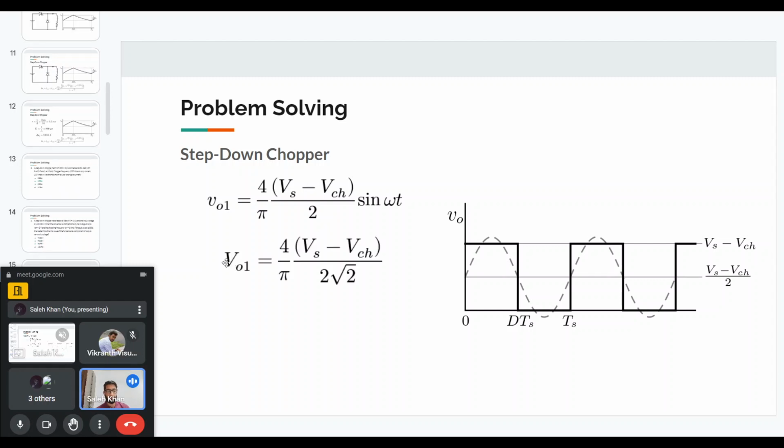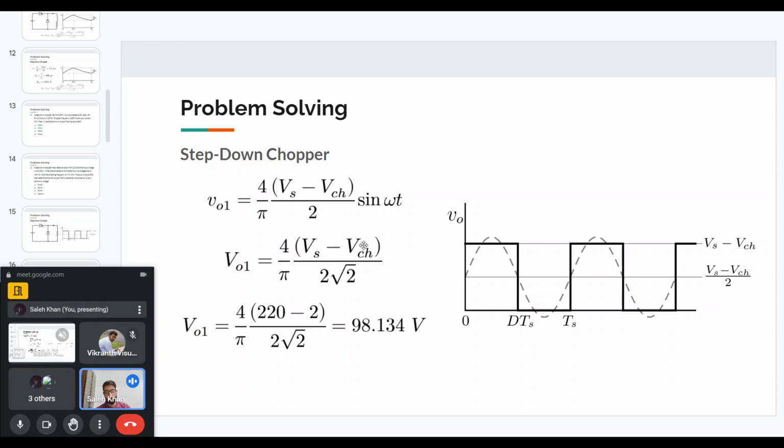So the RMS, which I have shown in capital, is just the peak of the sine wave divided by root 2. And we are given all the voltages. This is 220 volts input and 2 volts is the drop. So if you put those values, you will get that the RMS value is 98.134.